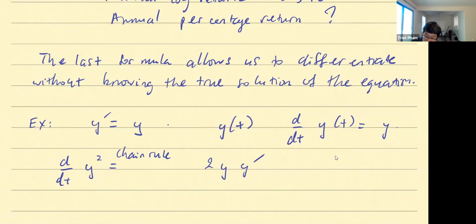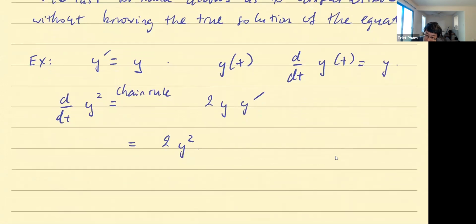That's the chain rule. Well, what's y prime? Y prime is y. So in fact, you know that this is 2y squared. 2y squared. You know that, whatever y is.